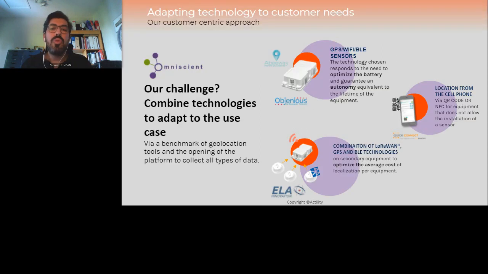So just a few words technically again. We track big assets with GPS, Wi-Fi, BLE sensors, LoRaWAN based, of course. And we also extended the capability to track much smaller tools like the drill.